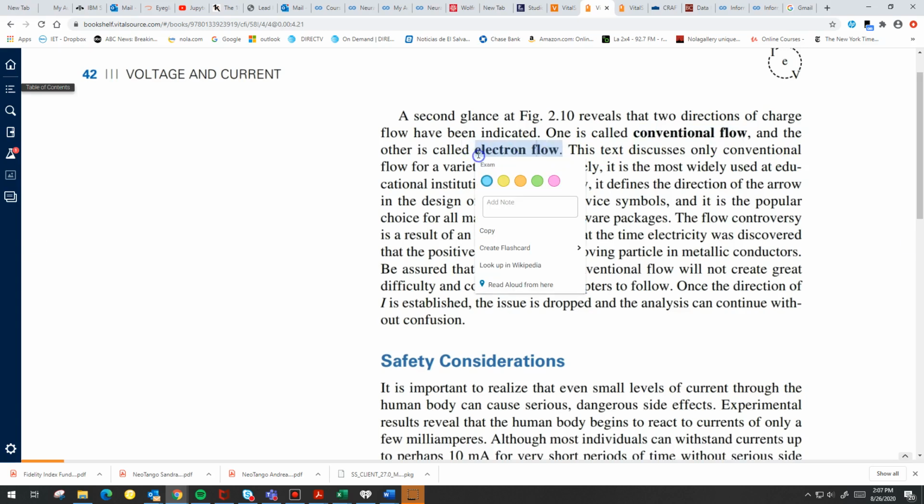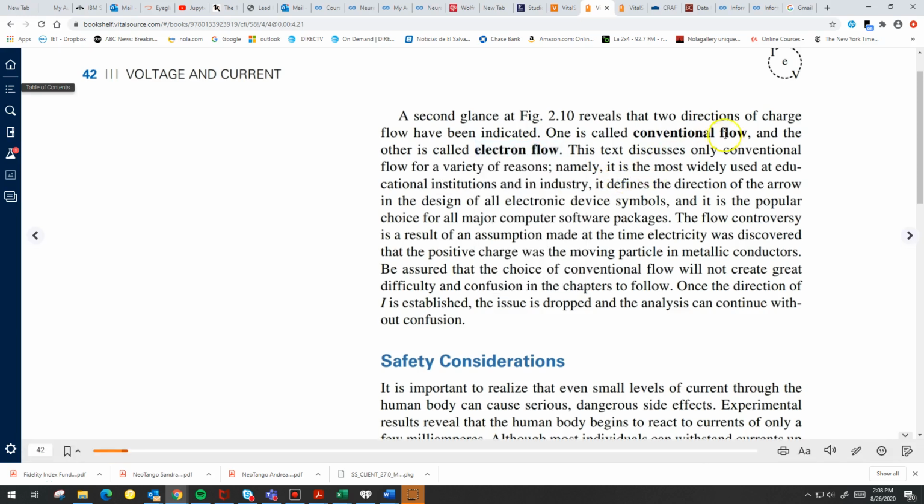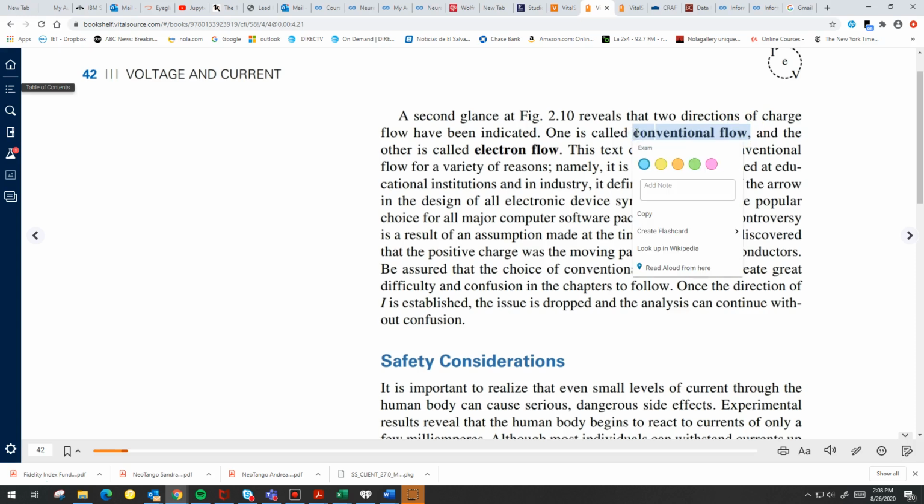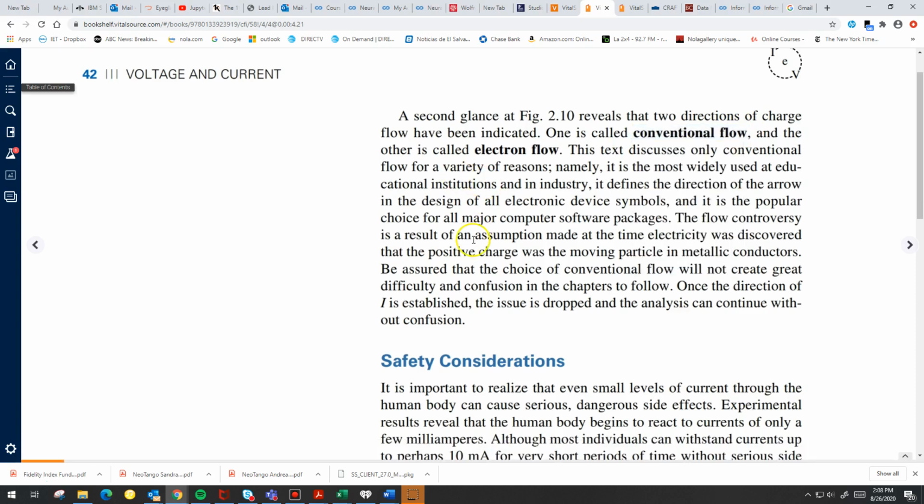Okay, current is current. The amount of current is not going to change. It's the direction we choose as a reference that's going to change. So in our convention, we're going to be following conventional current flow, which is the opposite of electron current flow. Okay, so keep that in mind.